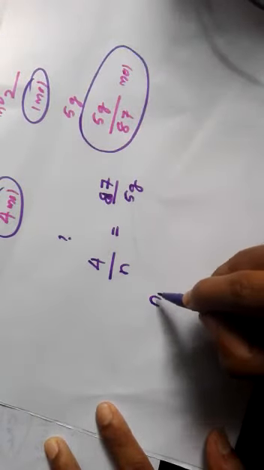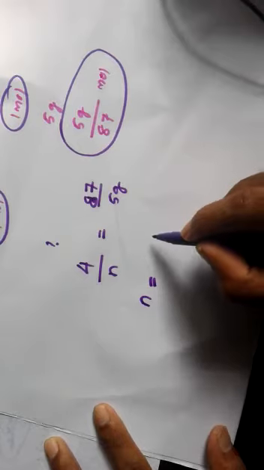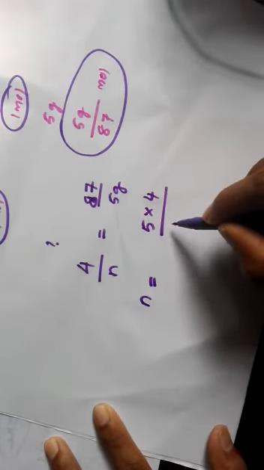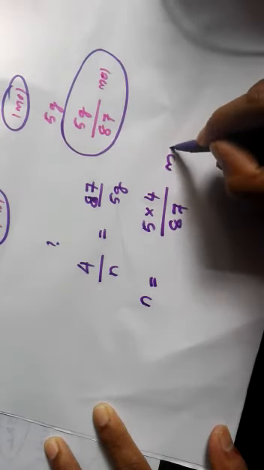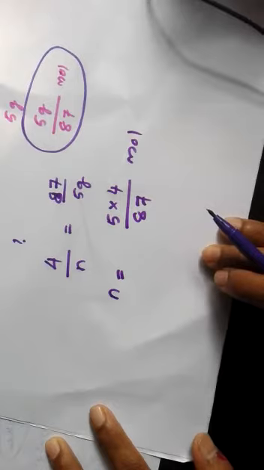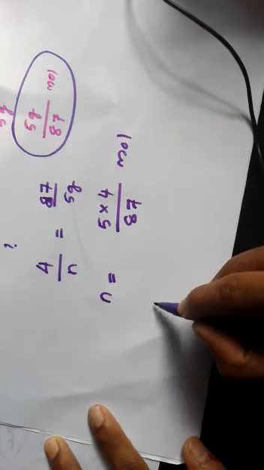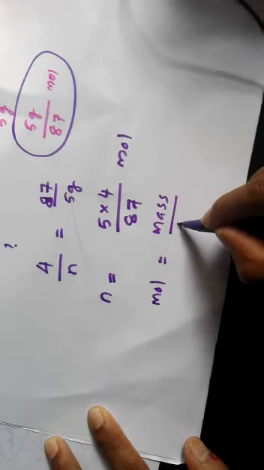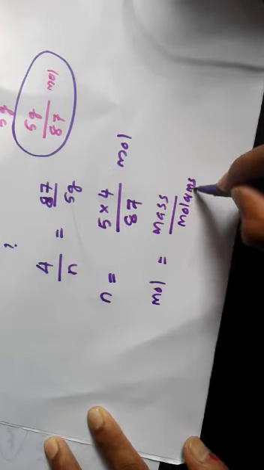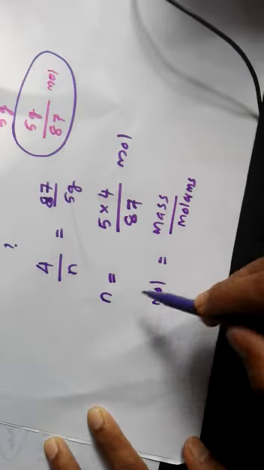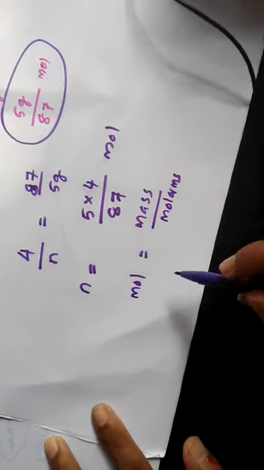Therefore, N, number of moles, is equal to 5 into 4 divided by 87 moles. If you know the moles, how should you get the weight? Mole is equal to mass by molar mass. Therefore, you multiply mole with molar mass, you will get the mass.